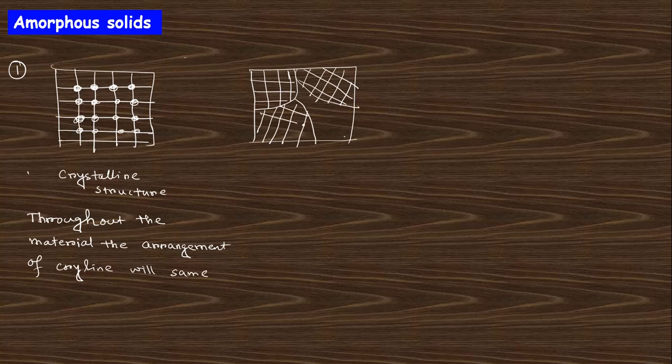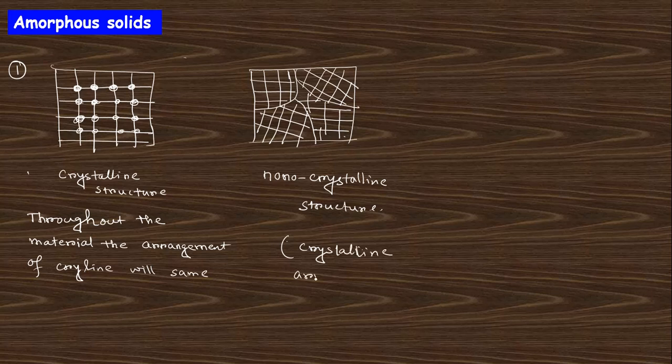So you can see there is crystalline order but in a small range. This is called nanocrystalline structure, that is, crystalline arrangement in a small region.